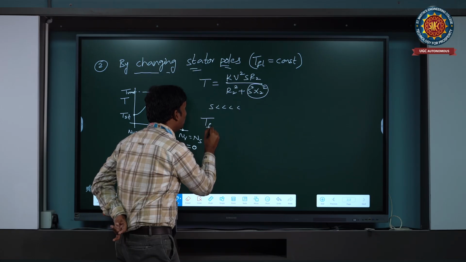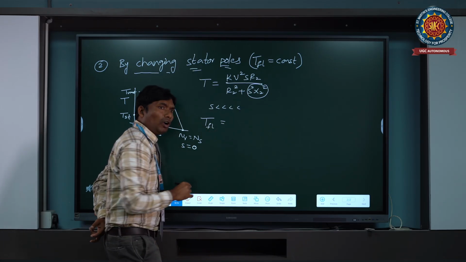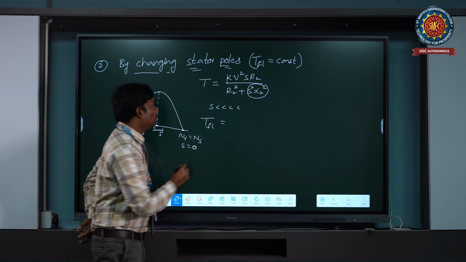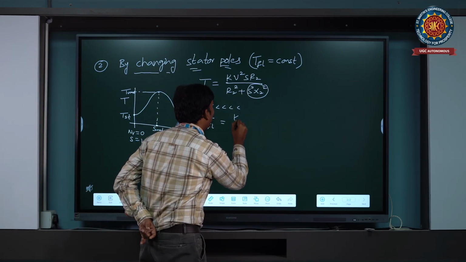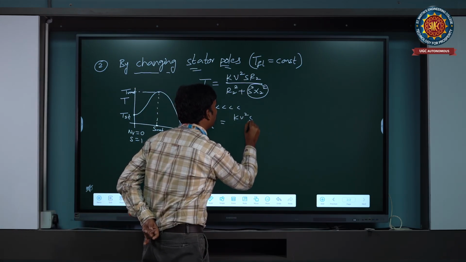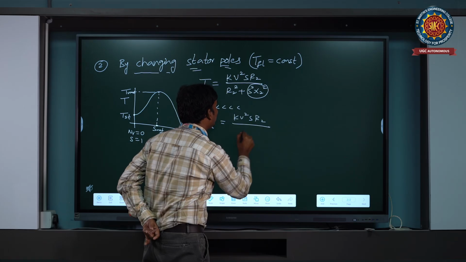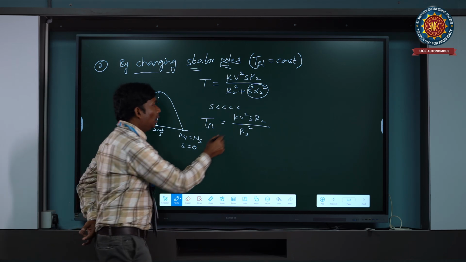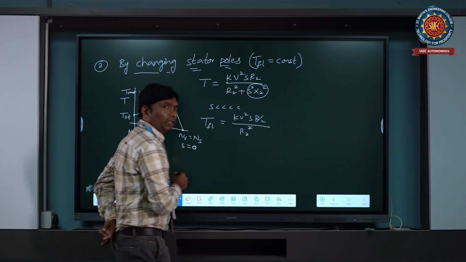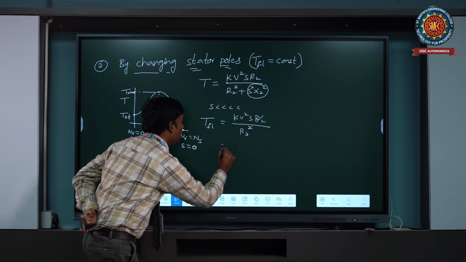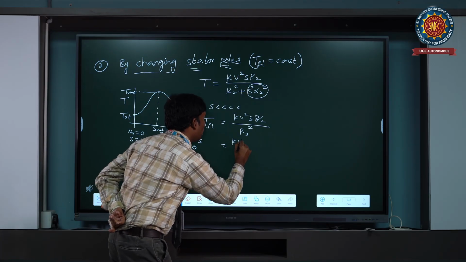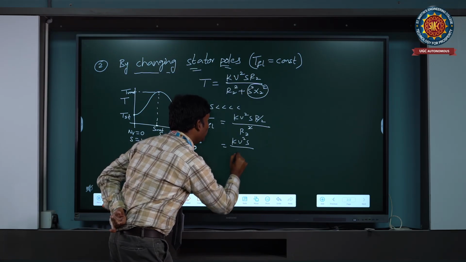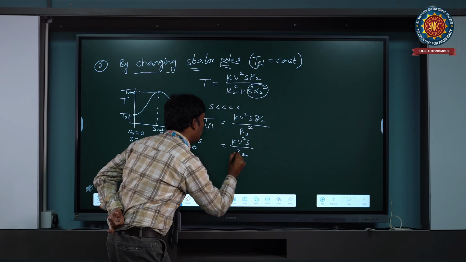Now we can write the modified full load torque as K V square S R2 by R2 square. Here R2 and square cancel. The remaining equation is K V square S by R2.